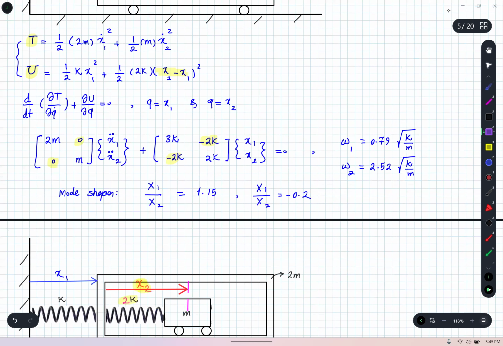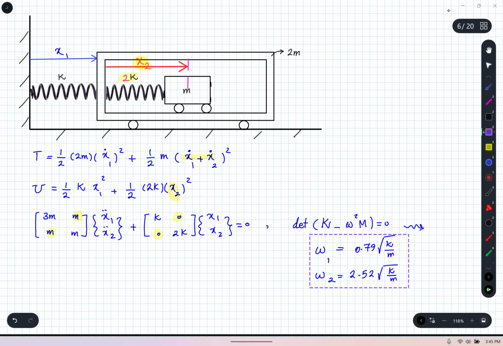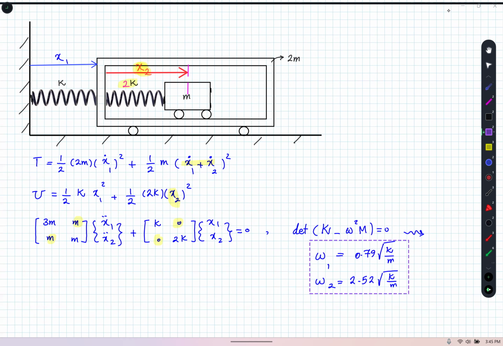And this is actually what we expect and what we learn. No matter what sort of coordinate system you use, the system still has the same natural frequencies, because natural frequency depends on stiffness and mass and the way they attach to each other. It's independent of the coordinate you use.